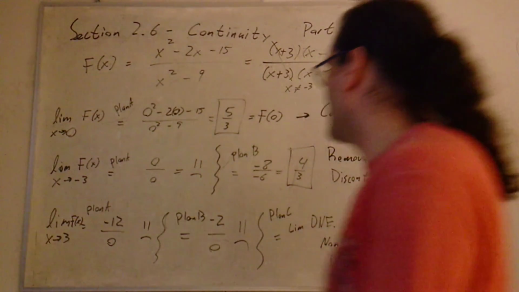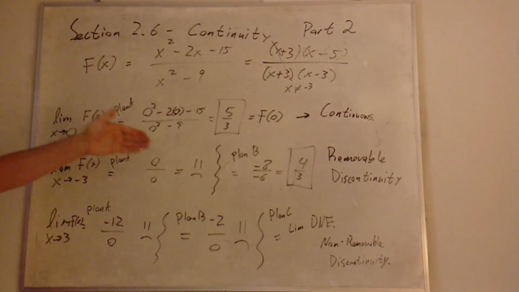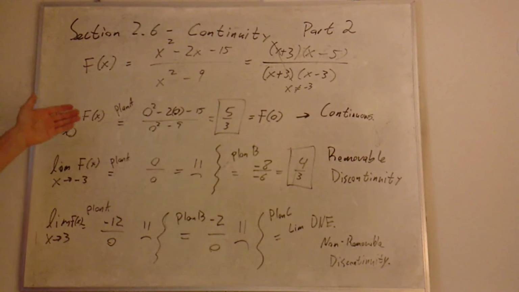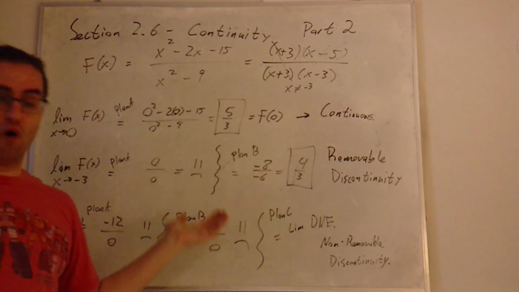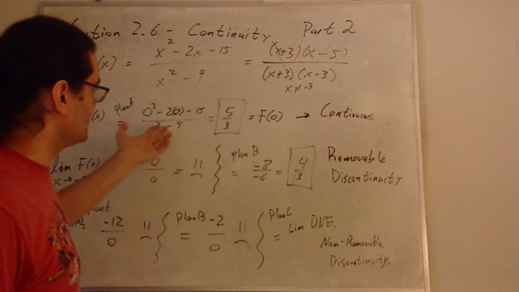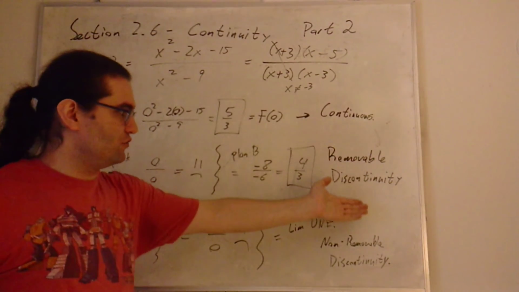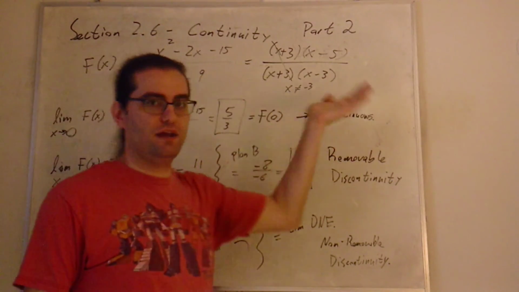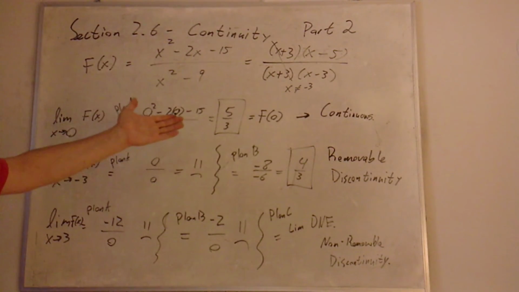The reason that we have these limits structured in terms of plan A, plan B, plan C is so that as you go through this process and find your limit values, you are also very clearly establishing the continuity status. Plan A always means continuous, because plan A is just plugging a number into a function.